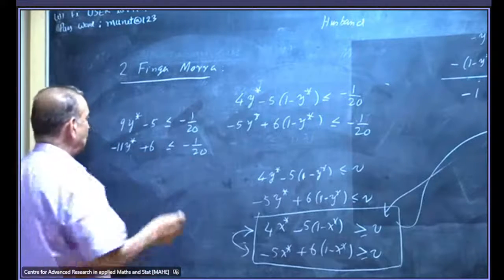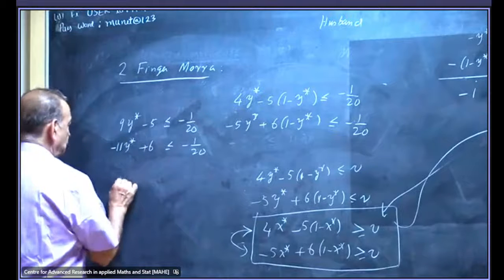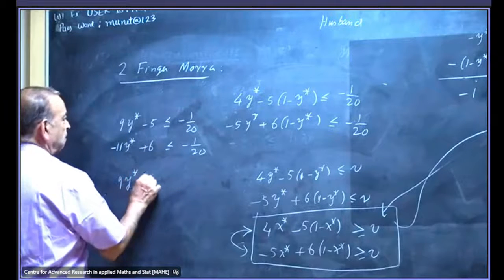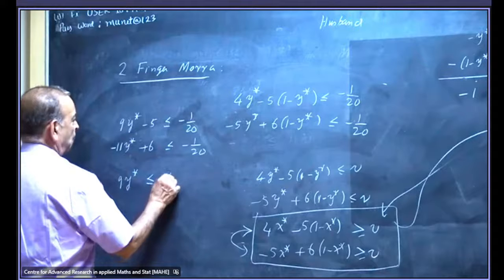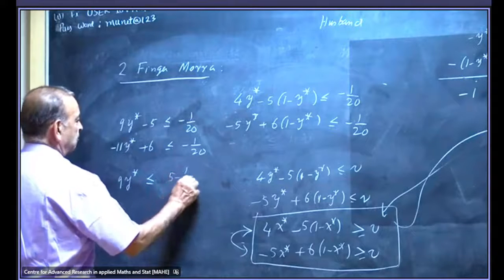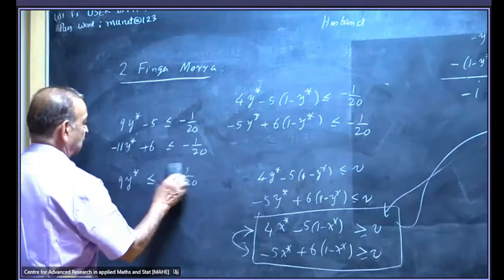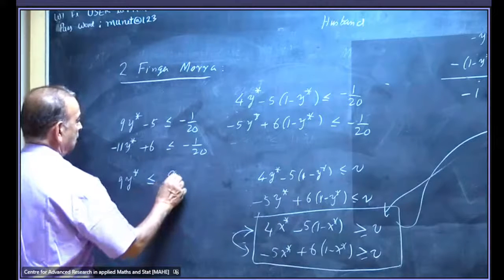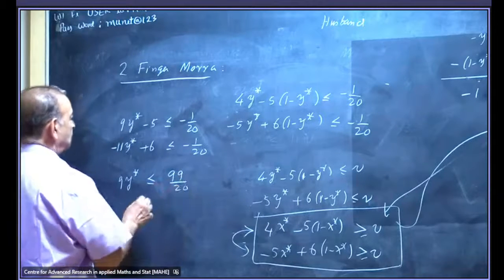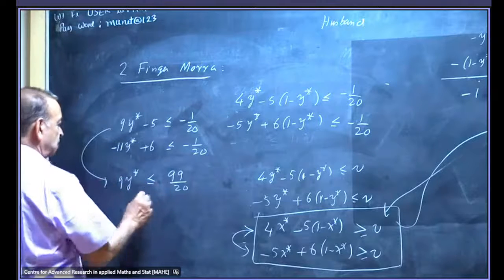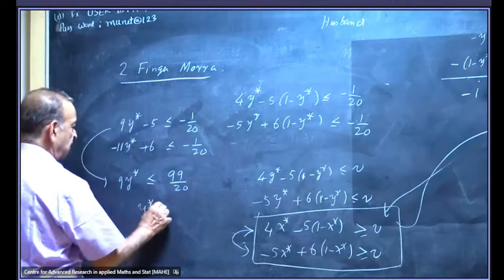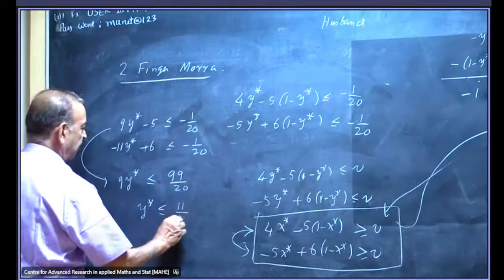Okay? Now let us take it to this side. So 9y star is less than or equal to 5 minus 1 over 20. From this one, I get this. So y star must be less than or equal to 11 over 20.